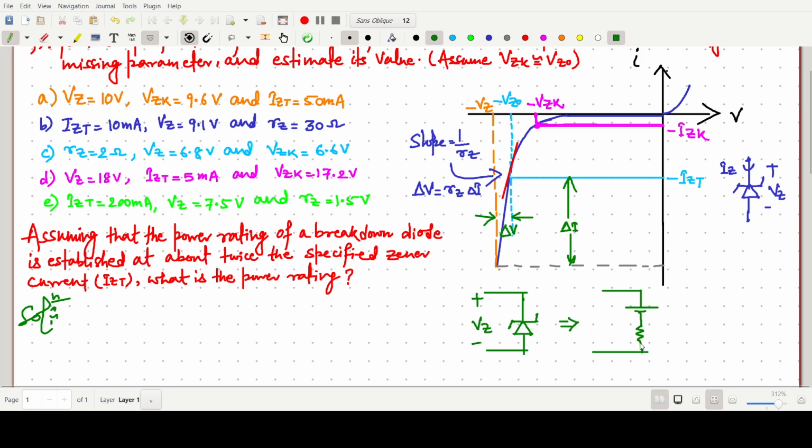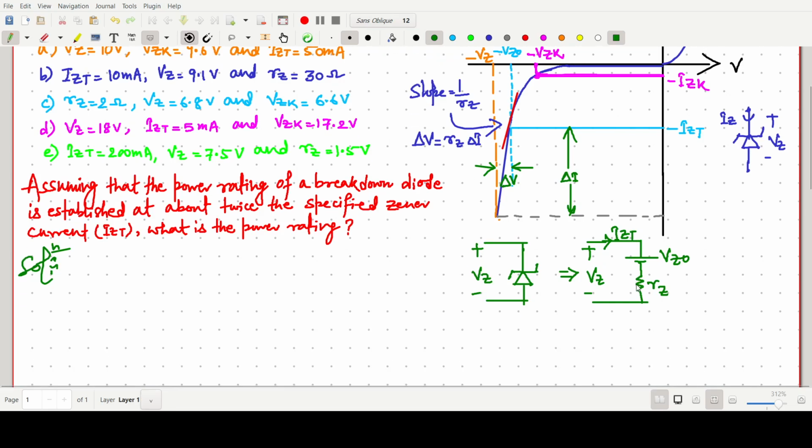This is very fundamental. Plus or minus VZ naught, and this will be the VZ naught and RZ, and this will be some test current, say IZT, or sometimes it is IZ.